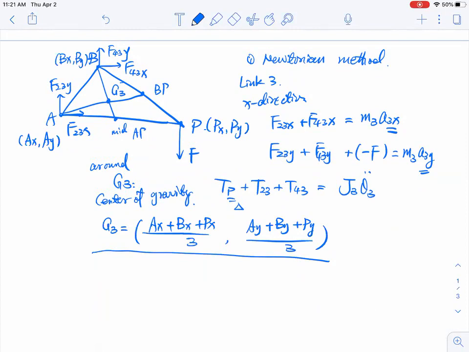Once you find these points, can you find the linear accelerations at that point? So if we already give you this G3, can you find A3x?